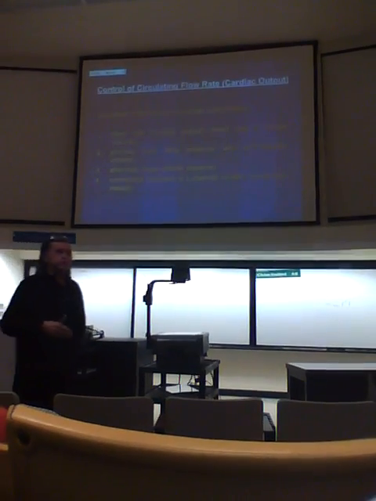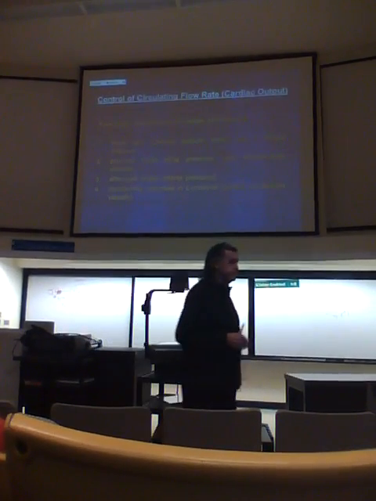Okay, so basically cardiac output is heart rate times stroke volume. Assuming the stroke volume doesn't change, doubling the heart rate will double your cardiac output. The other way, of course, is if you change something called preload.